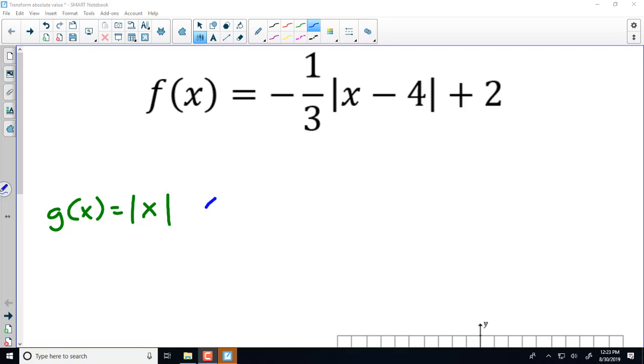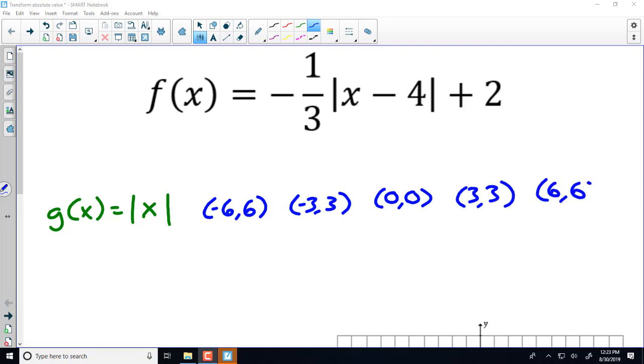Check it out: (-6, 6), (-3, 3), (0, 0), (3, 3), (6, 6). Still all ordered pairs in the absolute value function, but both 3 and 6 are easy to divide by 3. So this will actually make our job a little bit easier.